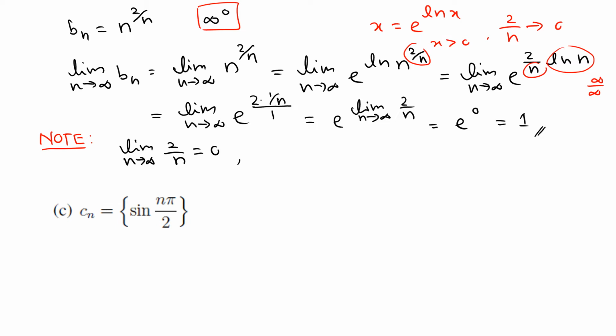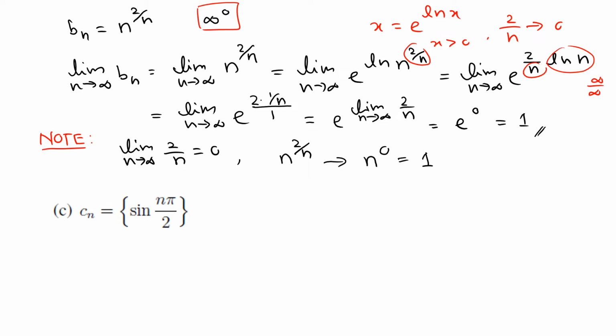And then what they wrote is n to the 2 over n, and since 2 over n is 0, it is 1. This is not a right argument.